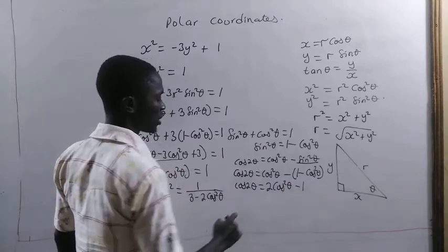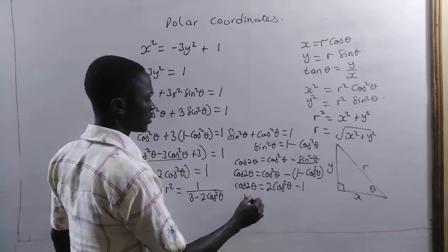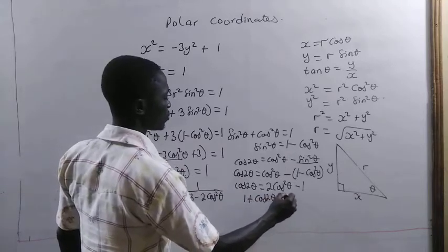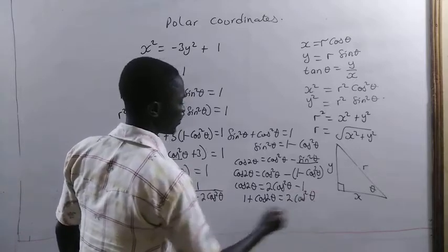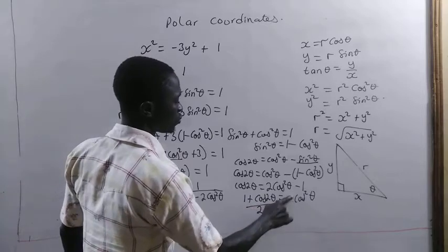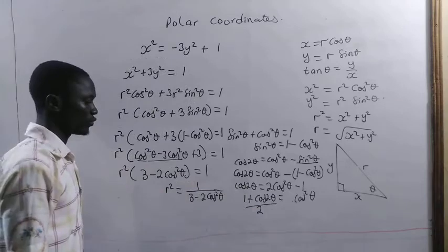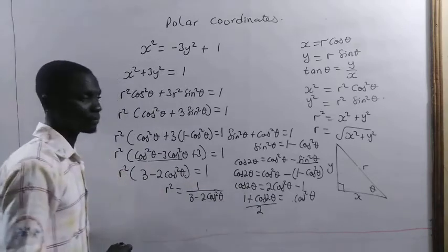So you bring the minus 1 here to become positive. So you have plus 1, and then cosine of 2 theta plus 1 equal to 2 times cosine squared of theta. If you divide both sides by 2, we have cosine squared of theta equal to 1 plus cosine of 2 theta over 2. So in place of this, I'm going to put this one there.